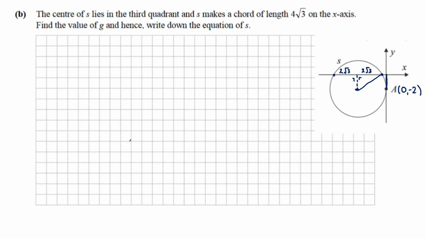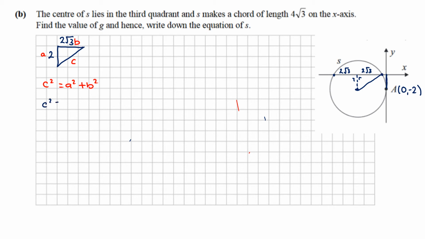So what we actually have is a right angle triangle with 2 root 3 here and 2, and we're going to work out the length of the radius. So we're going to use Pythagoras. When we use Pythagoras, C is always the hypotenuse. On the other two sides, it doesn't matter which one is A and which one is B. So C squared equals A squared plus B squared.